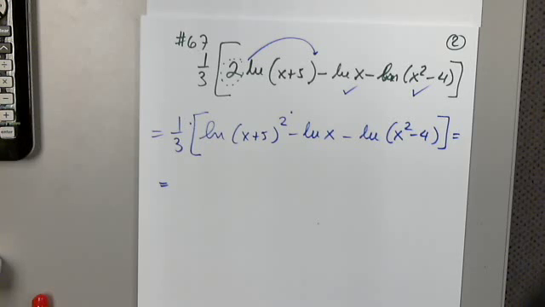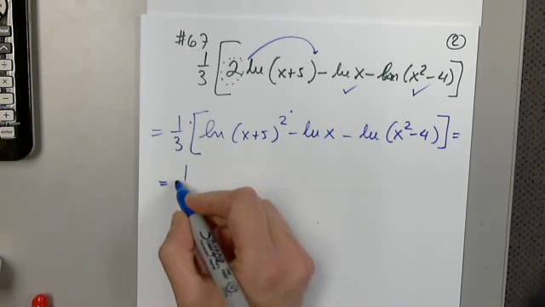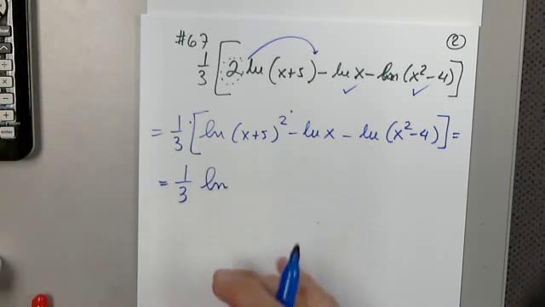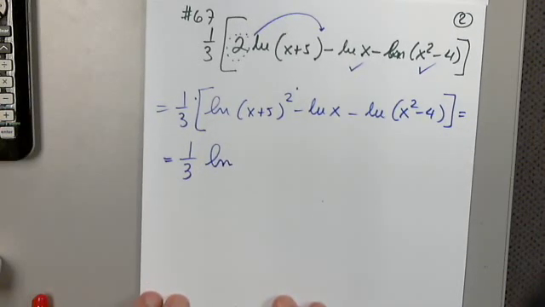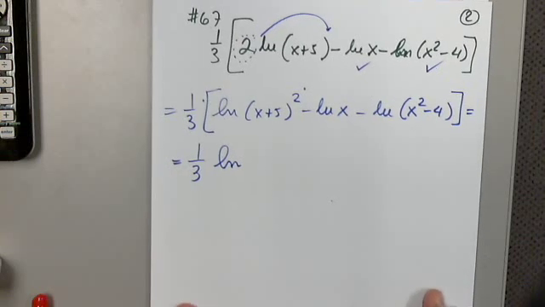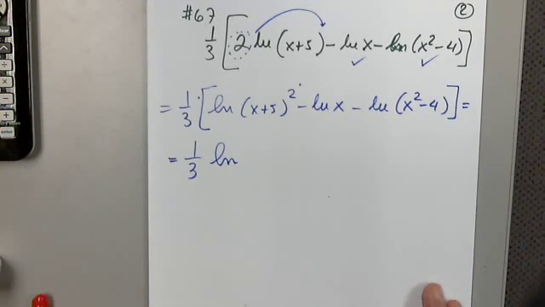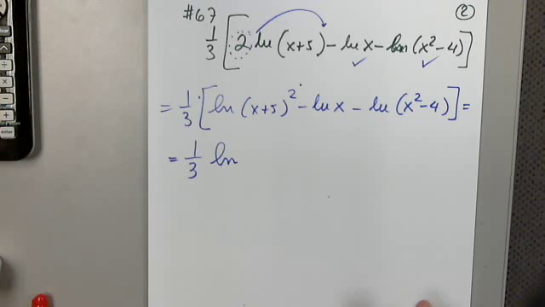Now, how many logs have negative in front? Yes. Can anyone condense what we have in brackets in one step? Natural log of, other than Kyle. For once I was faster than he is. So.